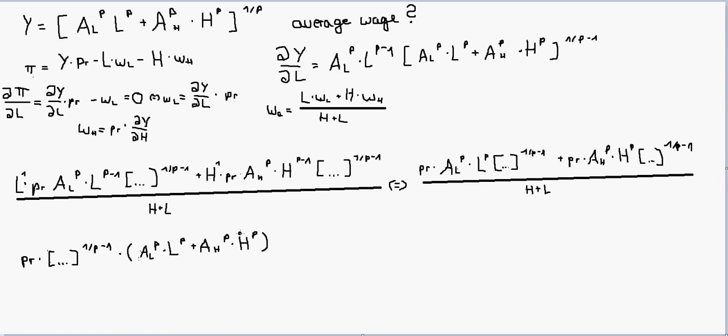Now what we can see is that this term inside the bracket, A_L to the power of rho times L to the power of rho plus A_H to the power of rho times H to the power of rho, is the same as here inside the bracket, which I always mark with these dots.